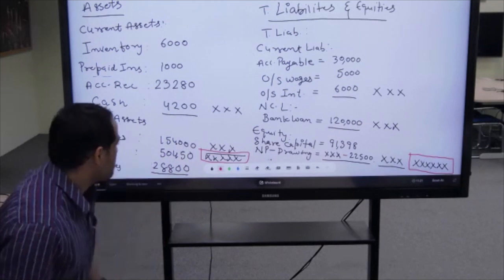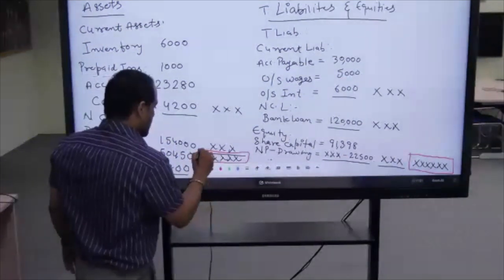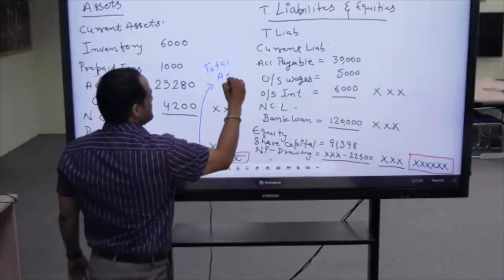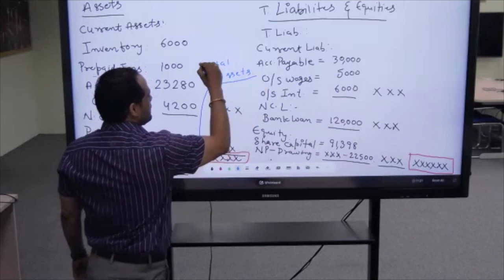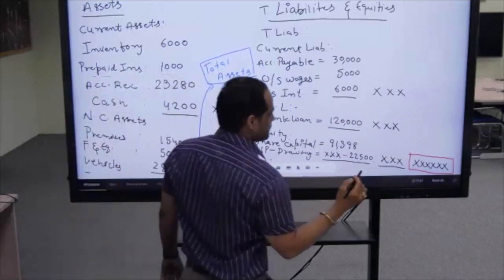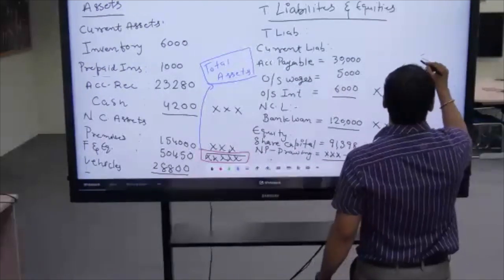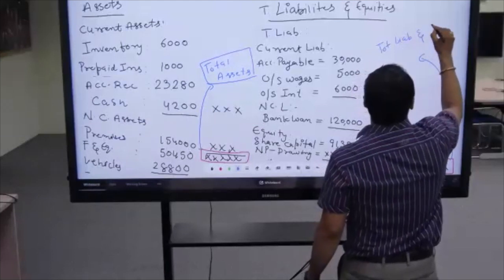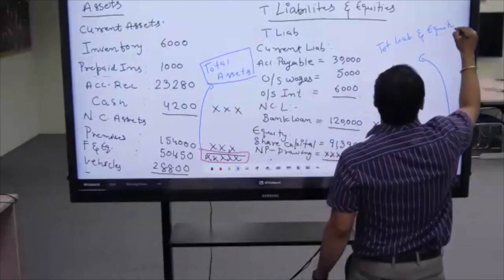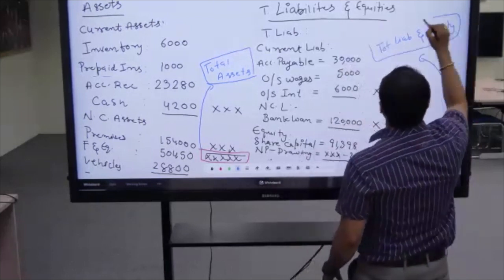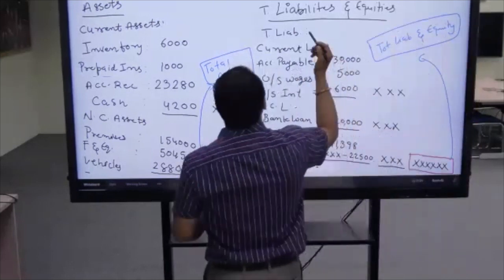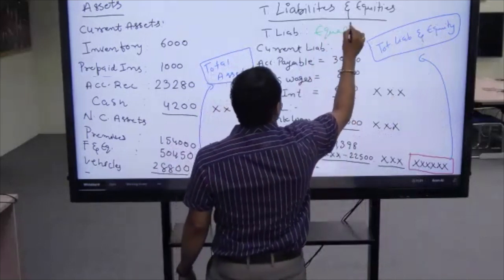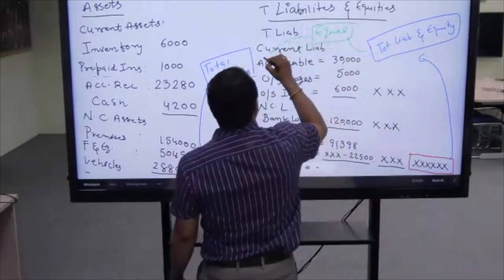Just tell me how much total assets is. Give me this and this, which means total liability and equity. Make sure it should be equal. It must be equal.